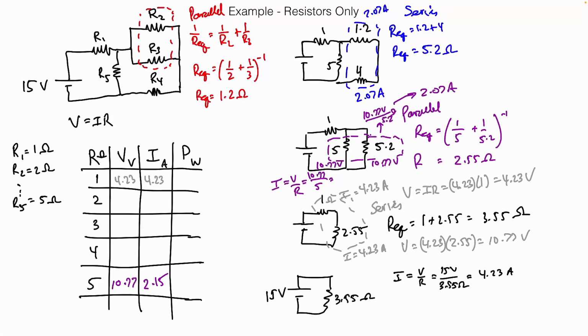For my 1.2, the voltage is going to be the current, 2.07 amps, times my resistance, 1.2. So that's going to be 2.48 volts. And for the voltage on my 4, it's going to be the current, 2.07, times 4. Oh, that's a real resistor, isn't it? 2.07 amps, and I got 8.28 volts for that one.